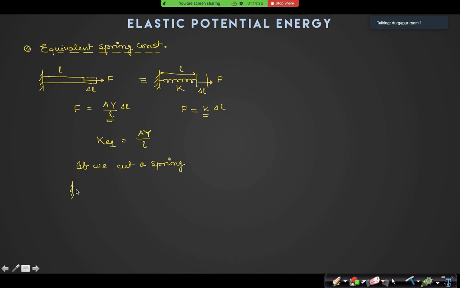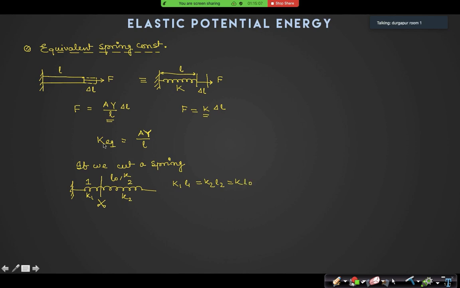Suppose a spring of natural length L is cut in two parts of ratio 1:2. If the natural length is L0 and spring constant is K, then K1 L1 equals K2 L2 equals K L0.